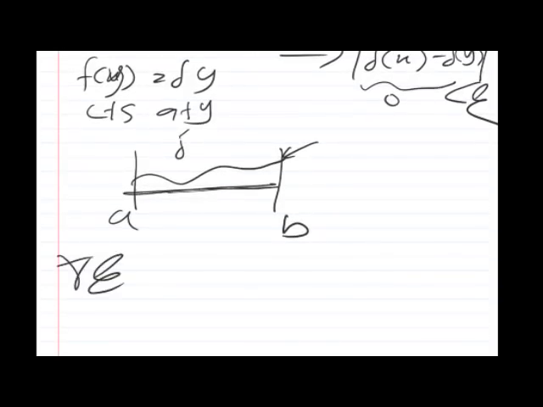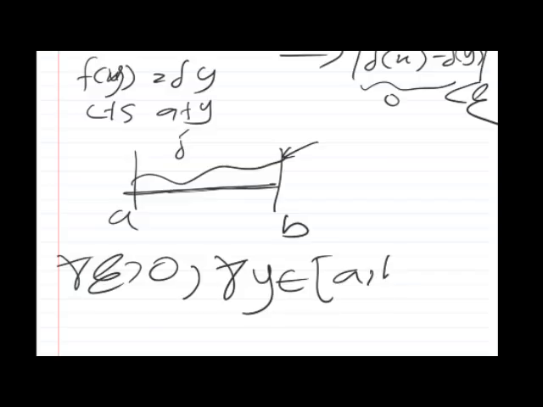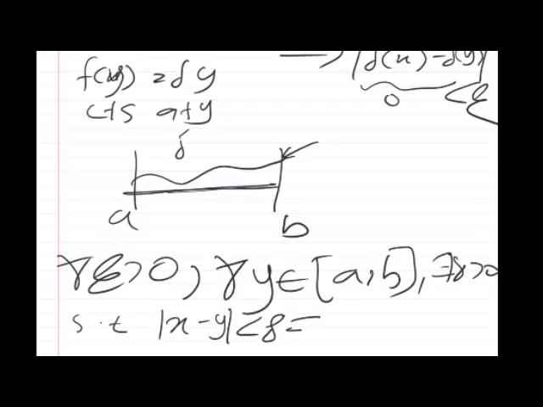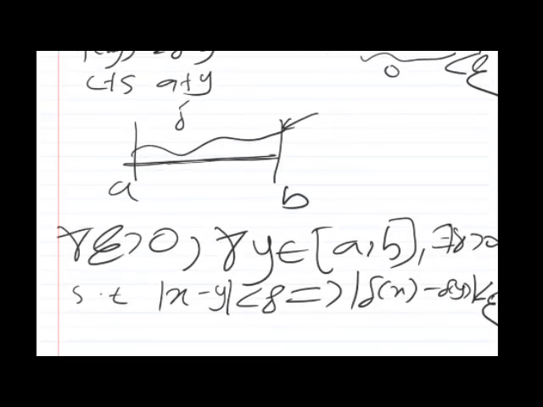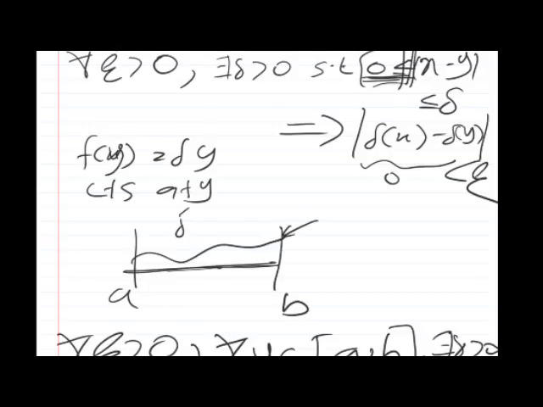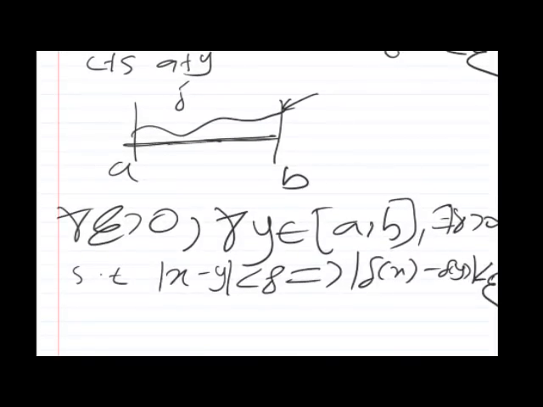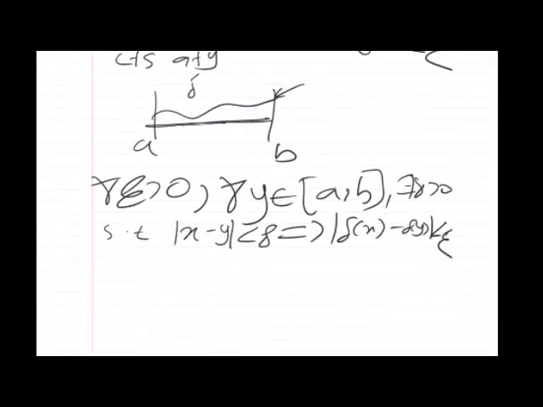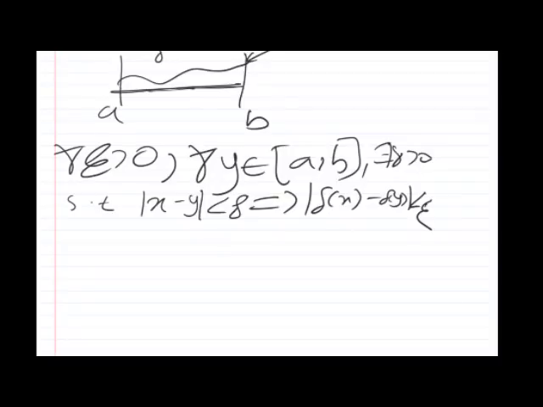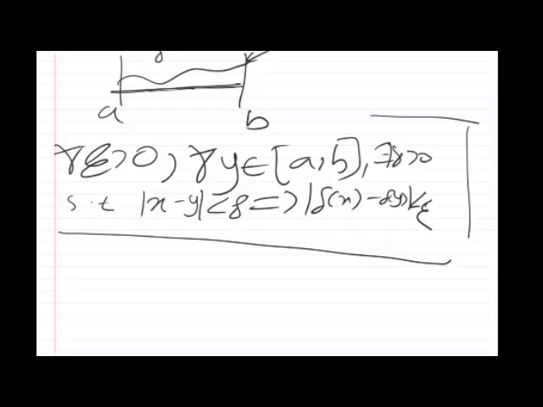For all epsilon greater than 0, for all y belonging to [a, b], there exists a delta greater than 0 such that |x − y| < delta implies |f(x) − f(y)| < epsilon. This means every y value inside this interval satisfies the definition of continuity, so we say this function is continuous on [a, b].